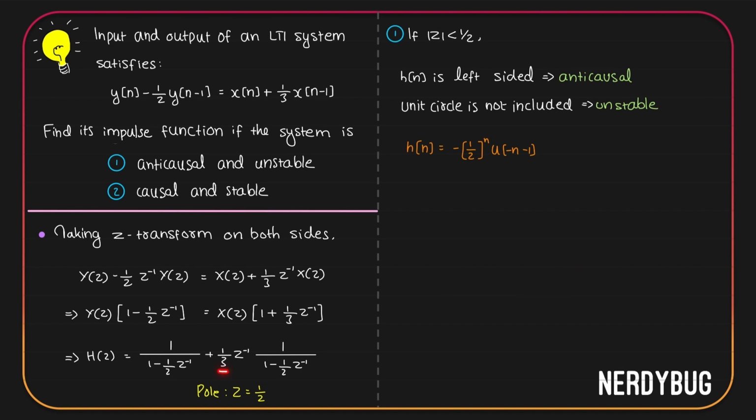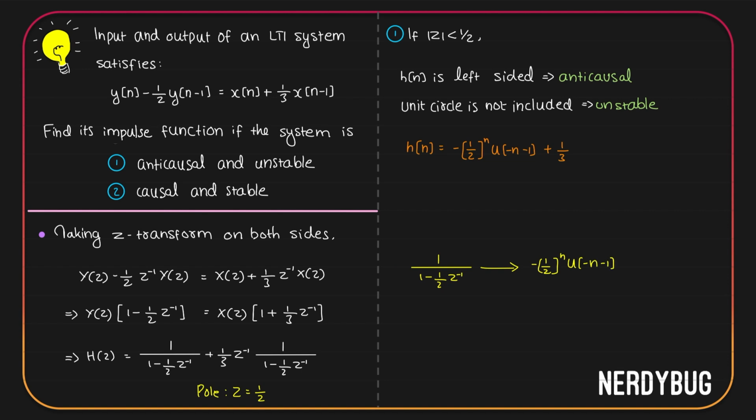The second term is 1 by 3 times z inverse multiplied by 1 by 1 minus 1 by 2 z inverse. So first we can write plus 1 by 3. This is z inverse multiplied by something. Let us just take this part. We already found its inverse. It is minus 1 by 2 to the power n u of minus n minus 1.